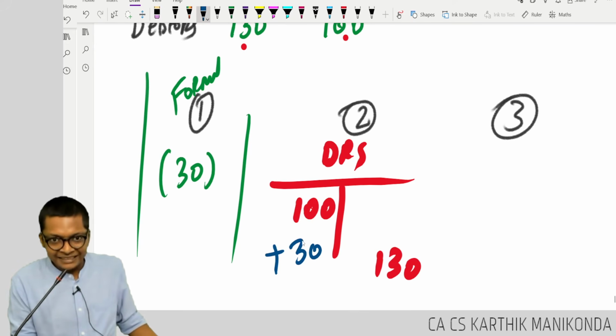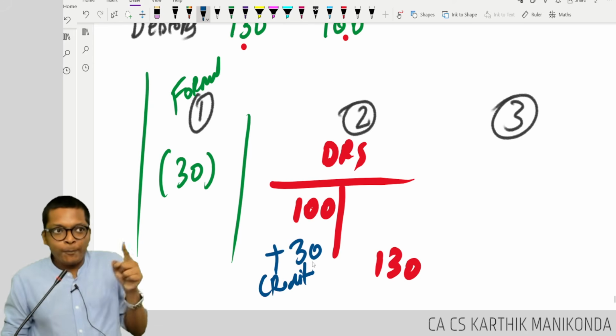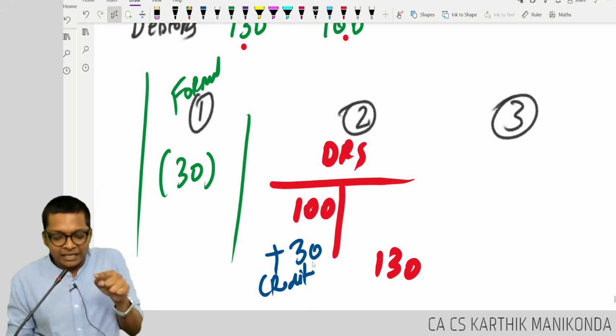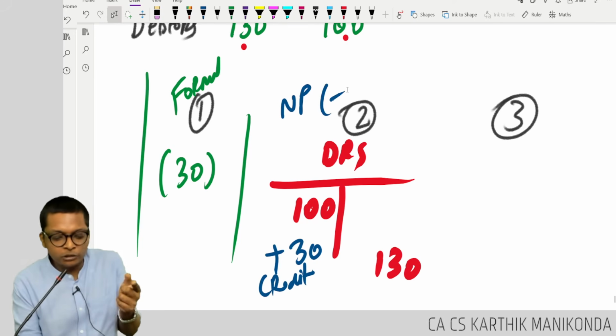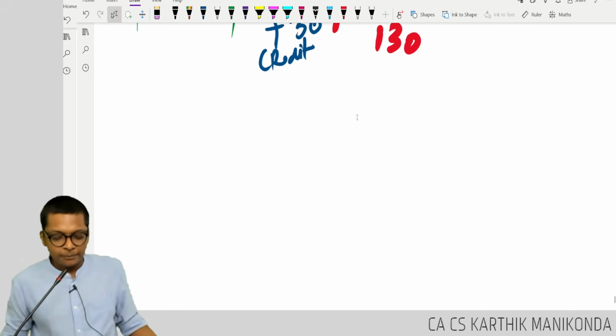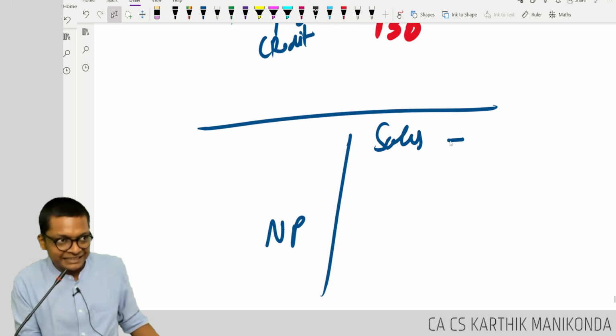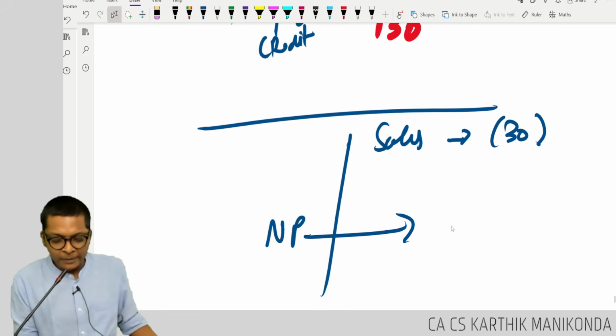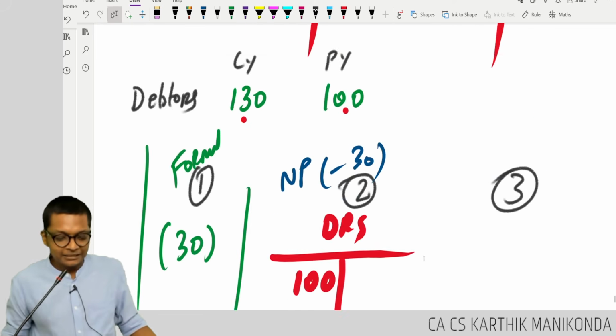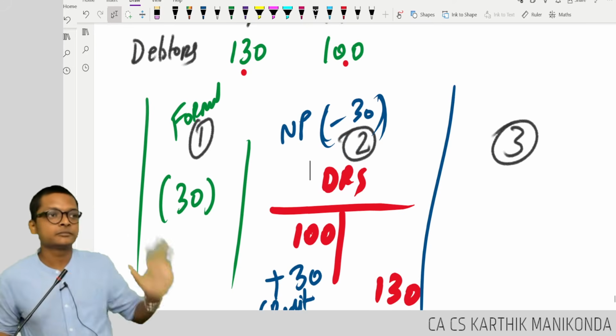So debtors increased, meaning there is an increase of credit sales of how much? 30. So if credit sales is 30, from net profit I have to reduce how much? 30. Why? Because my net profit includes sales and sales includes 30 which is credit sales. So from net profit I will reduce 30. That's why bracket. This is detailed logic.